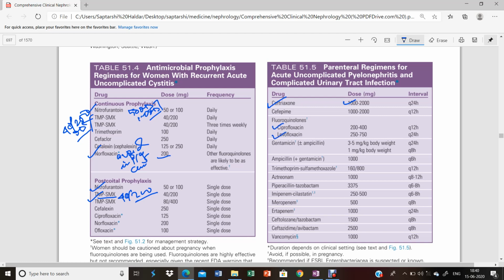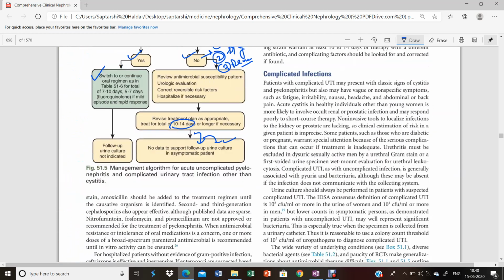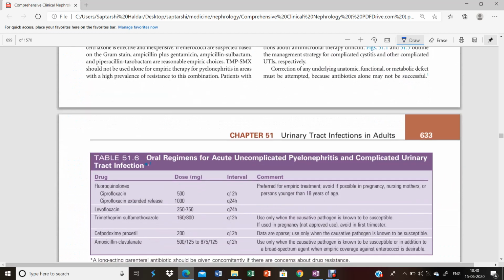We may give trimethoprim-sulfamethoxazole, meropenem, vancomycin, imipenem. Now for uncomplicated pyelonephritis, we give ciprofloxacin, levofloxacin, trimethoprim-sulfamethoxazole, and amoxicillin.